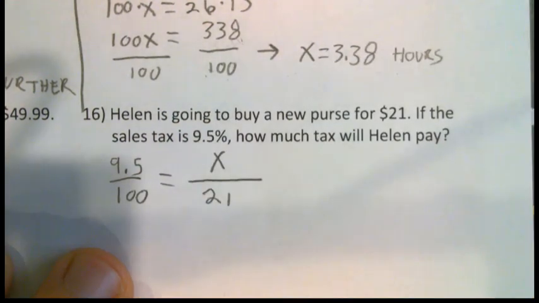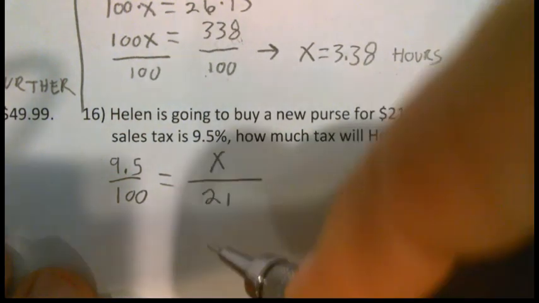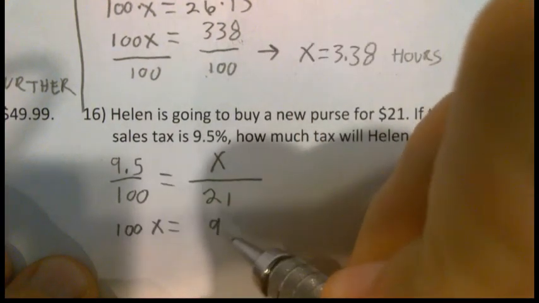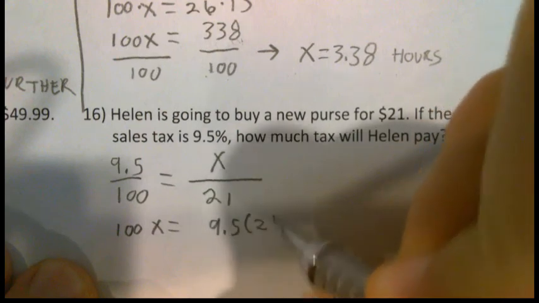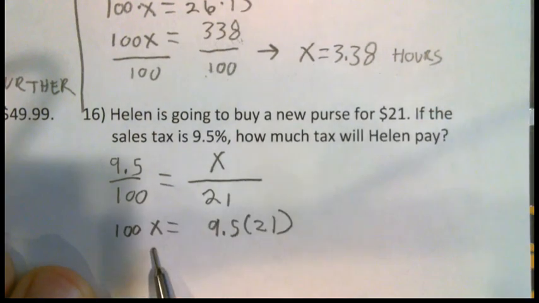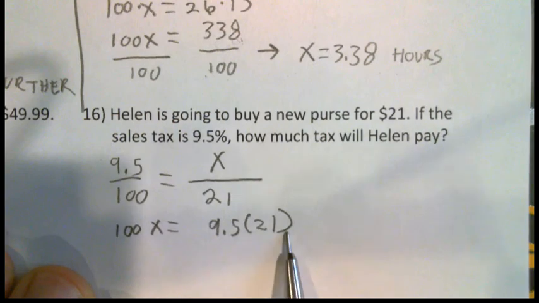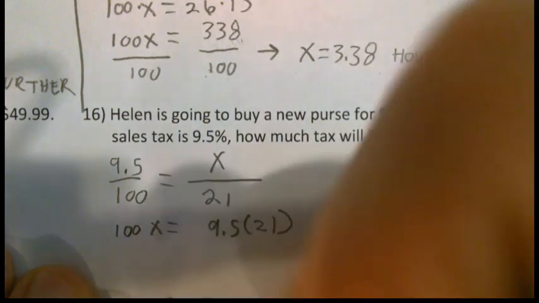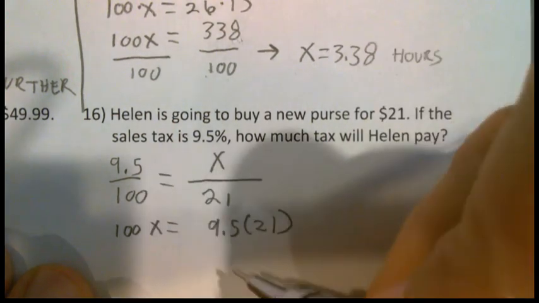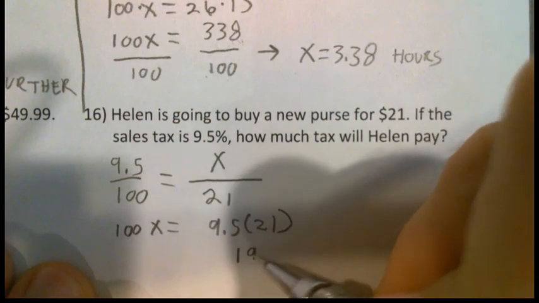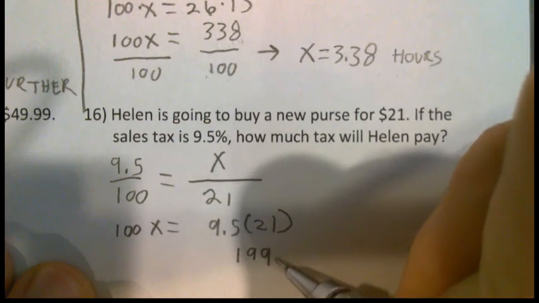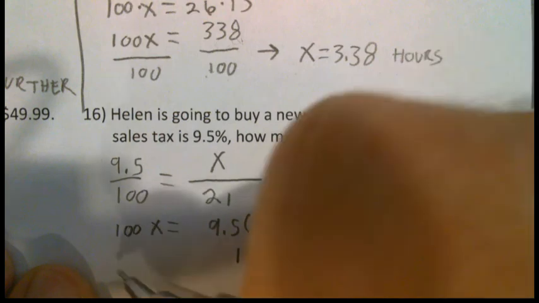The tax is going to be our numerator. Cross multiply. So 100x equals 9.5 times 21. 9.5 times 21 is 199.5.